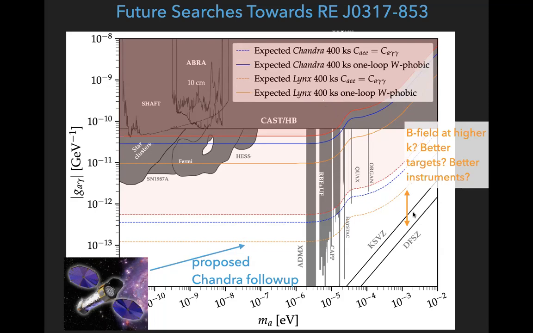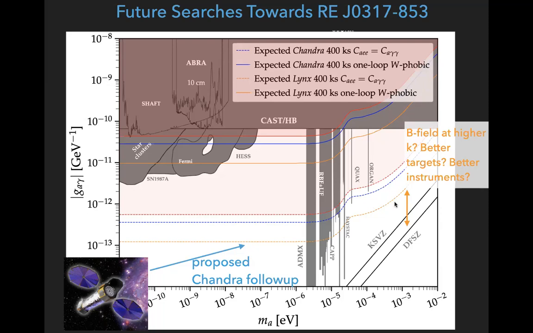So there's the possibility that there are better targets. Maybe this was not the best white dwarf to be looking at. Maybe this is not the best instrument to be using. Or maybe we just need to do the modeling better. So we've just assumed a dipole magnetic field, which is what the magnetic field follows at large distances away from the white dwarf.